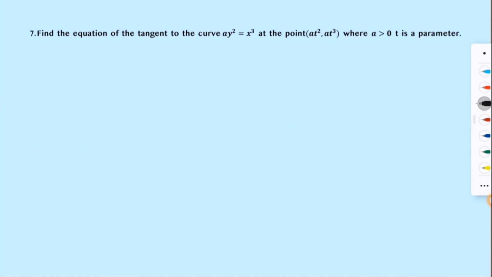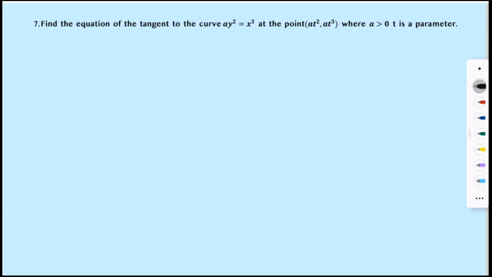Question number 7. Find the equation of the tangent to the curve ay squared equals x cubed at the point at squared, at cubed, where a is greater than 0 and t is a parameter.